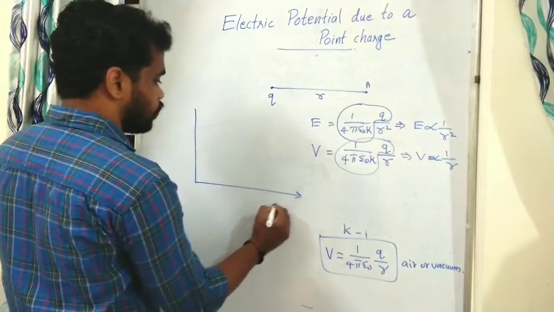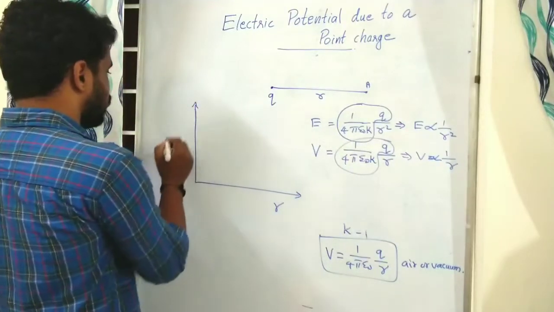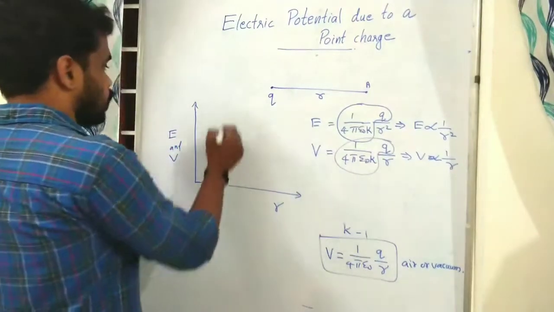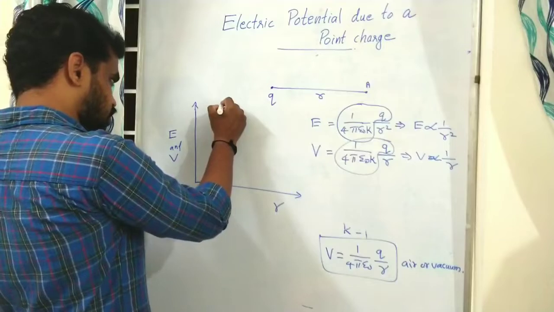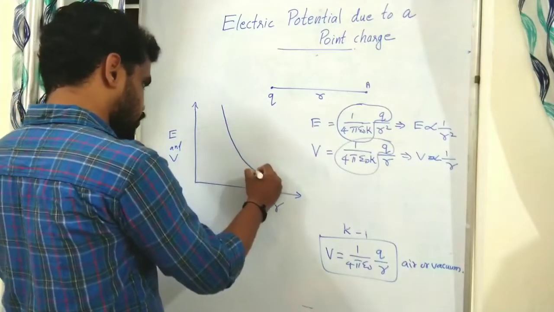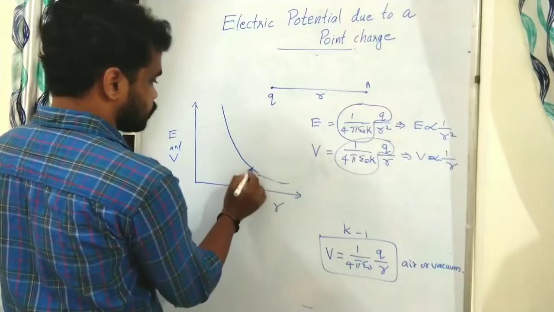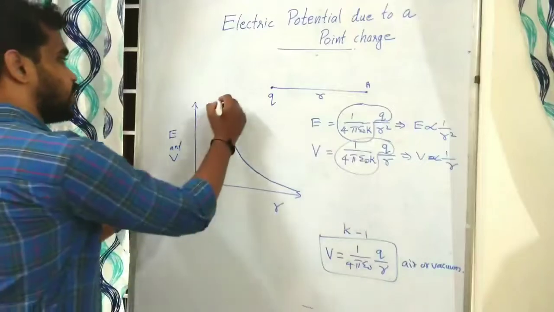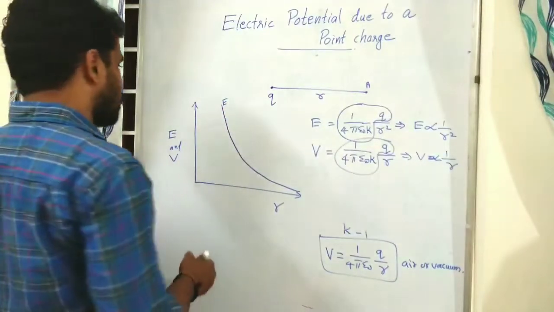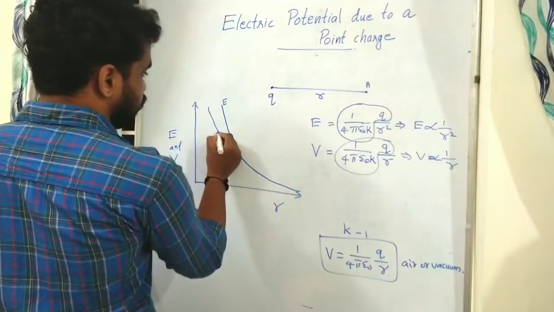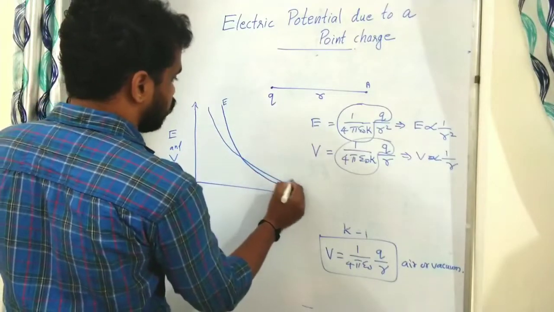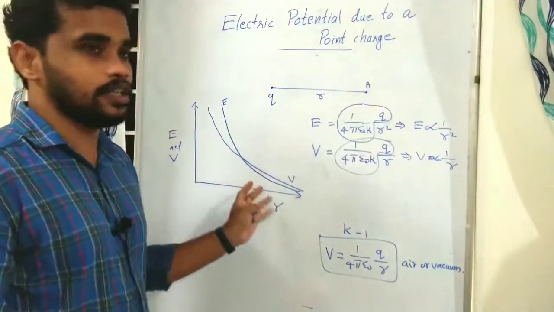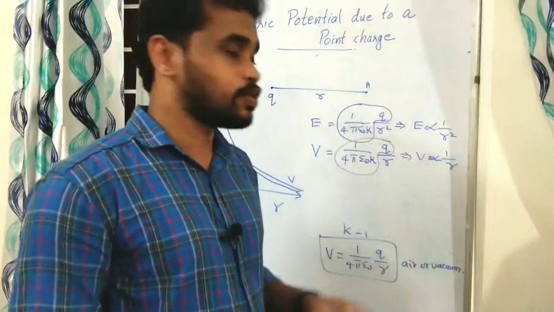If you draw a graph with r on the x-axis and E and V on the y-axis, the electric field intensity will decrease very rapidly, and potential decreases very slowly. Potential will decrease much slower than electric field intensity, because electric field intensity is inversely proportional to r square.